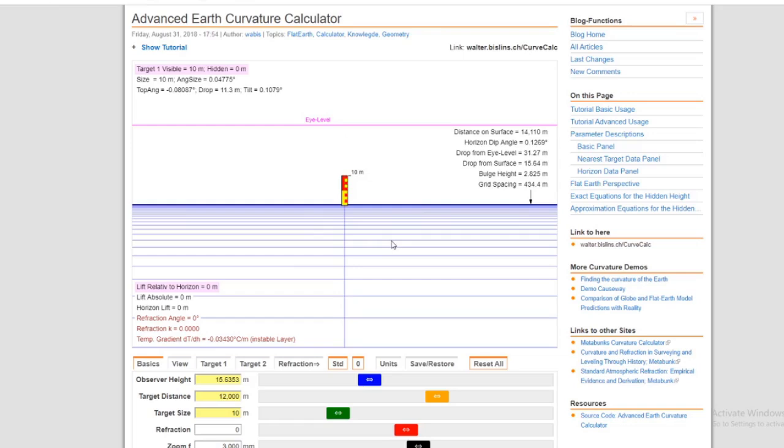So you don't have to be an expert in mathematics. You don't have to be a pilot. You don't have to be an engineer. You don't have to be a surveyor to understand this simple observation that this curvature calculator is wrong.